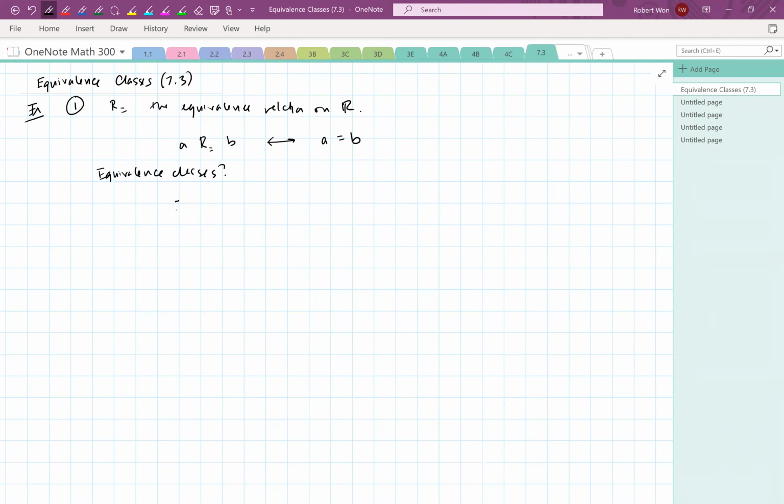If I take a look at the equivalence class of pi, say, what is this? This is the set of all elements x of the reals such that x is equivalent to pi, but the equivalence relation here is equality, so such that x is equal to pi. What is this set? This set is just the singleton set {pi}. Pi is the only real number that's equal to pi.